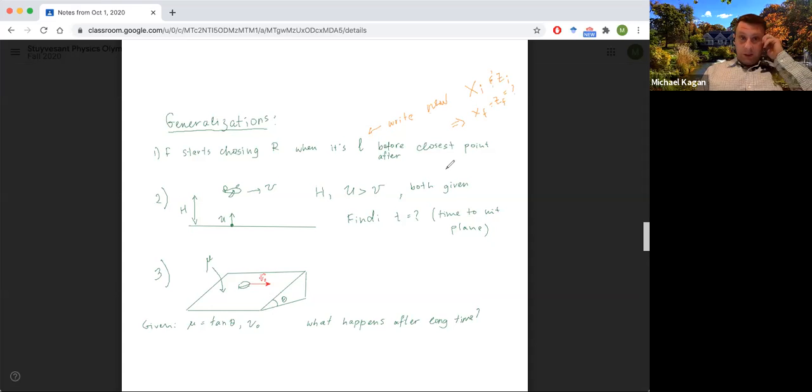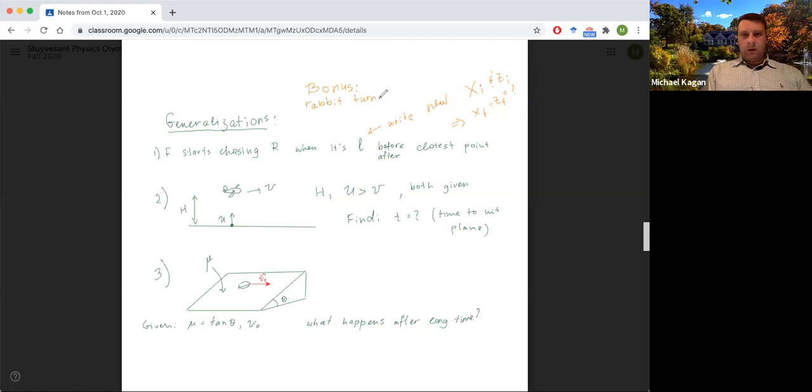Those of you who did it, let me just give you a bonus question on top of this. So suppose that the moment the fox starts chasing the rabbit, the rabbit turns and still runs straight.